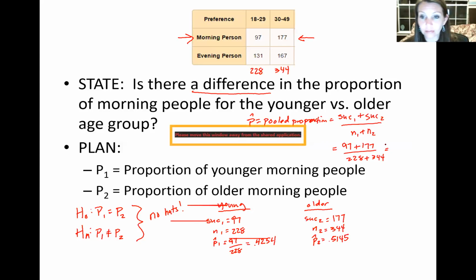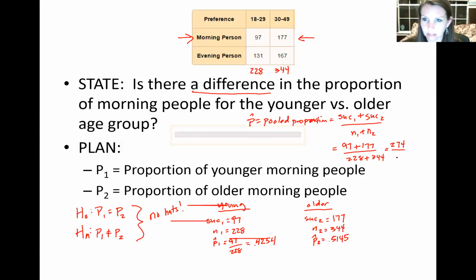Order of operations says we have to do the addition first: add in the numerator, then add in the denominator, then divide. So I'm going to take 97 plus 177, which is 274. And then I'm going to take 228 plus 344, which is 572.